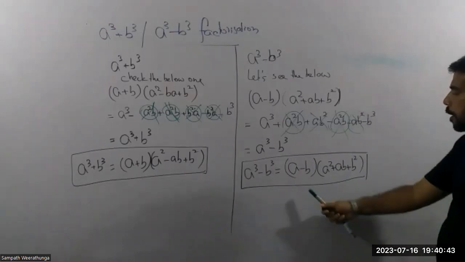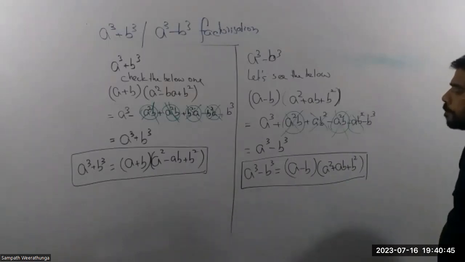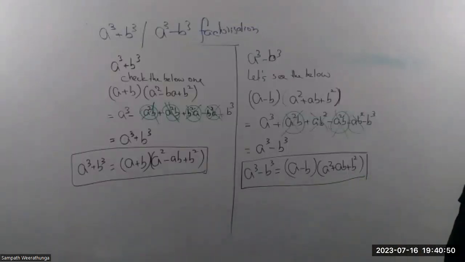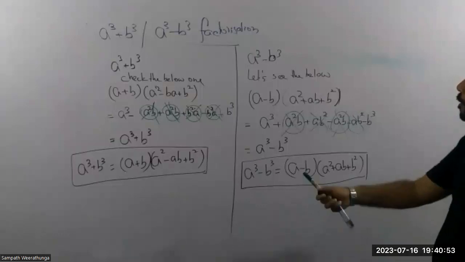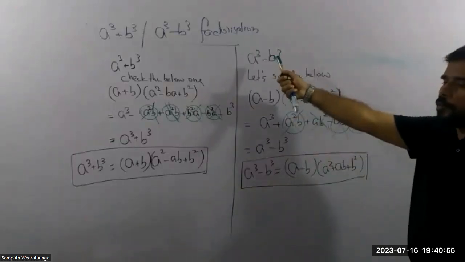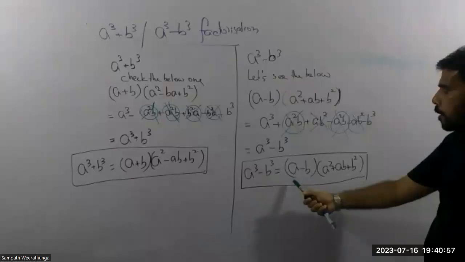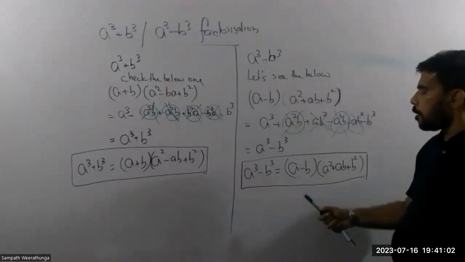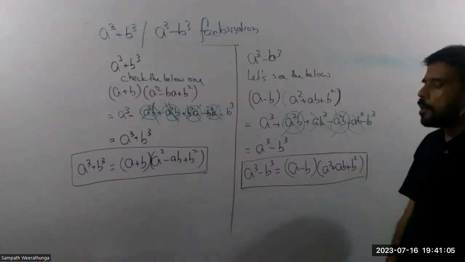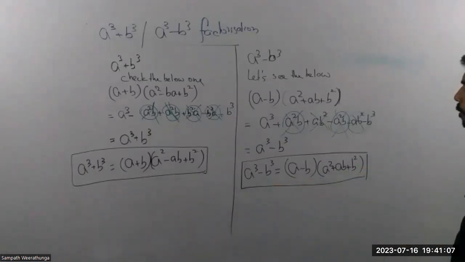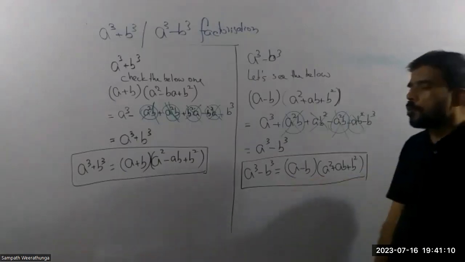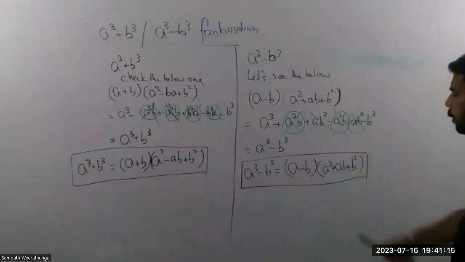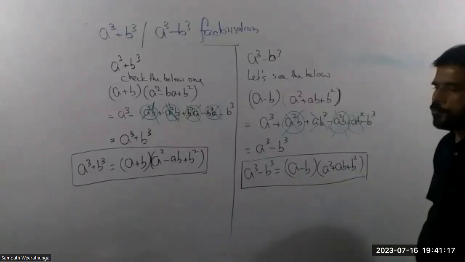So these are the best possible factors for A cube minus B cube. Even though we started with third order, we end with one linear and one second order factor. So it is easier to find the solution if this is given in an equation, so that unknowns can be found. Why? Because dealing with cubics is a bit more complicated than dealing with quadratics or linears.